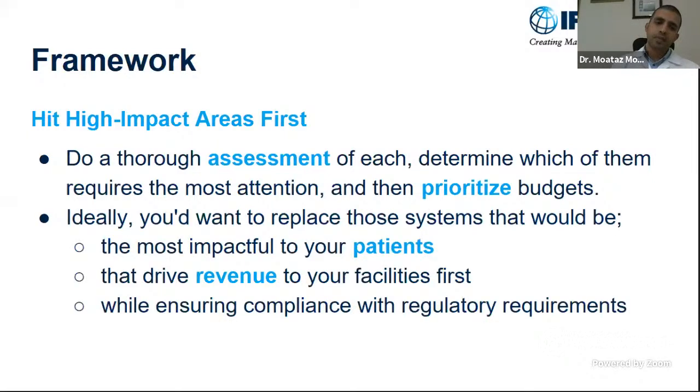While doing this assessment and evaluation, you would probably want to replace the systems or the components that have the most impact on your patient and your business, the components that drive revenue to your facilities, and the ones that hugely affect compliance to regulatory requirements.